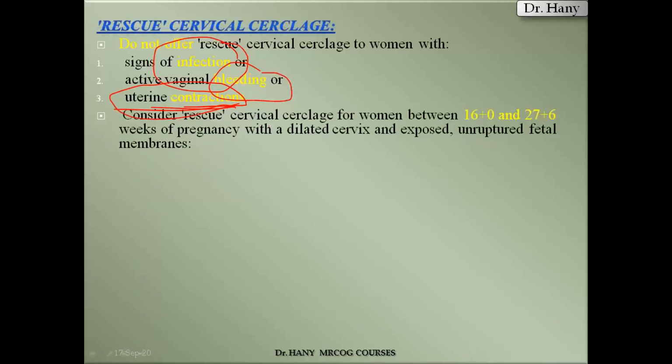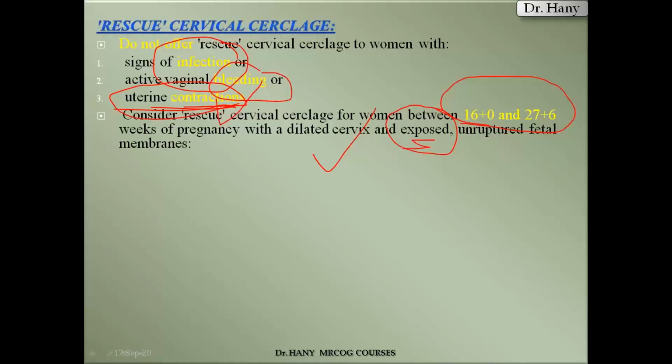Consider rescue cerclage or cervical cerclage for a woman between 16 and less than 28, 27 plus 6 weeks of pregnancy, with a dilated cervix, 2-3 centimeters, no problem. Exposed membrane, not bulging membrane in the vagina or prolapsed, or the woman in contraction or in pain.